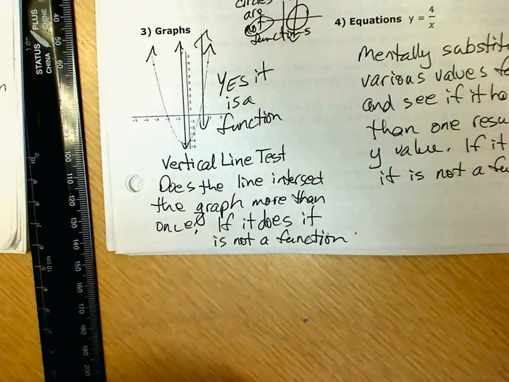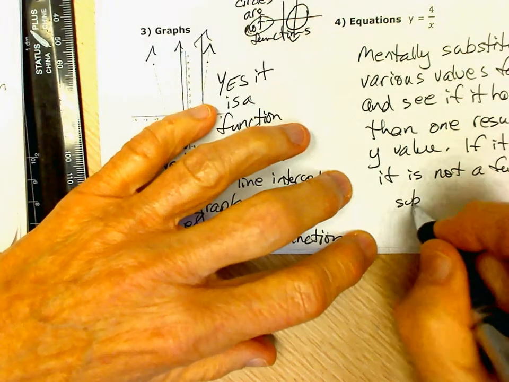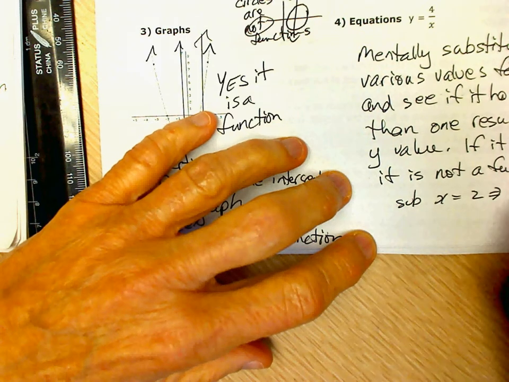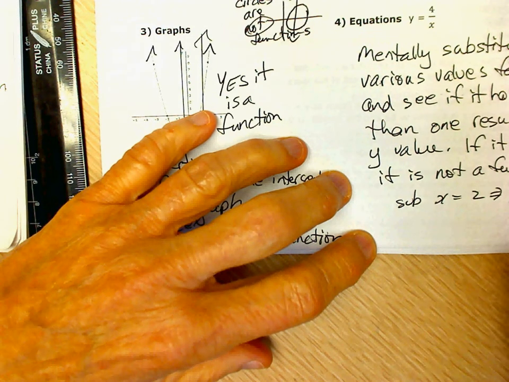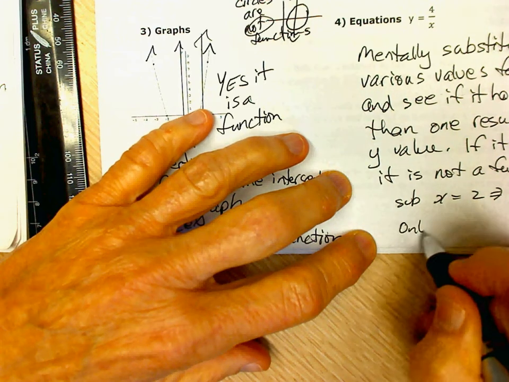Okay, so if I just, for example, sub x equals 2 into that equation, I get y equals 4 over 2 equals 2. Oh, I only get one value.